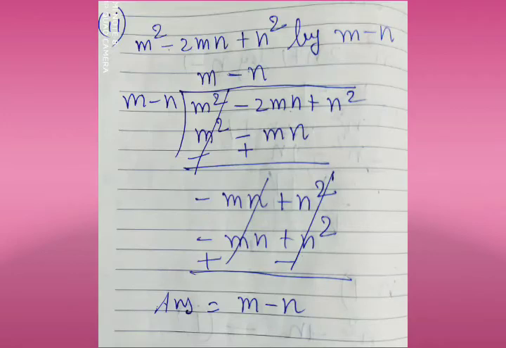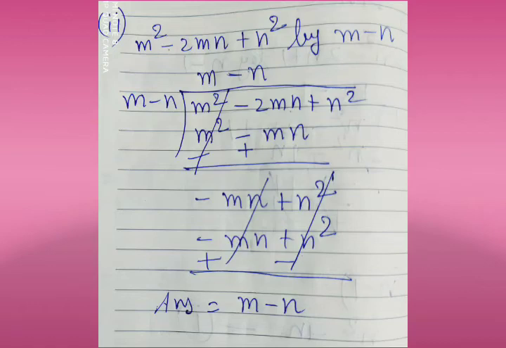Now next question sub part 2. M square minus 2mn plus n square divided by m minus n. Again, we will divide m square minus 2mn plus n square with m minus n. Now we will think, with m minus n which literal quantity will we multiply so that we get m square, because the first purpose is to cut this first term, and first term is m square.